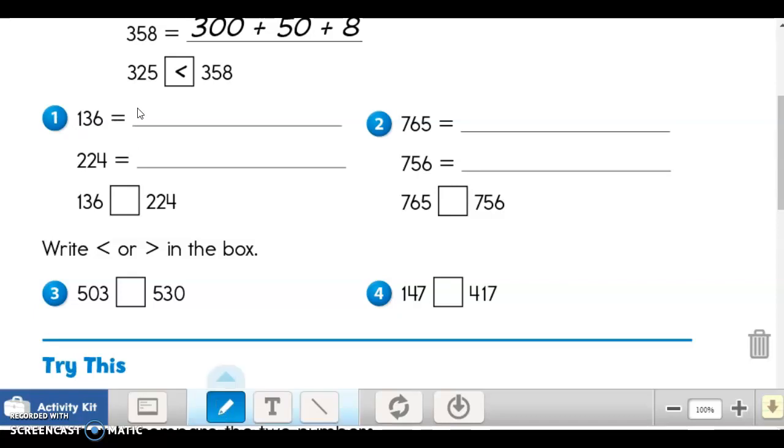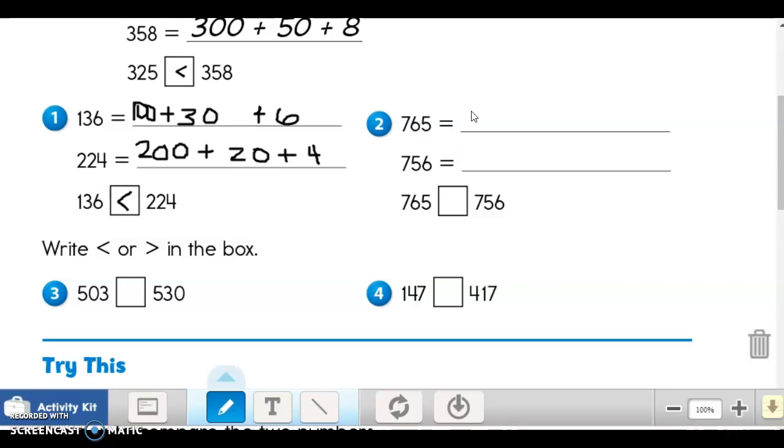So I'm going to stretch that out in expanded form. 100 plus 30 plus 6. Try this one. Stretch it out, friends. 200 plus 20 plus 4. 136 is less than 224.